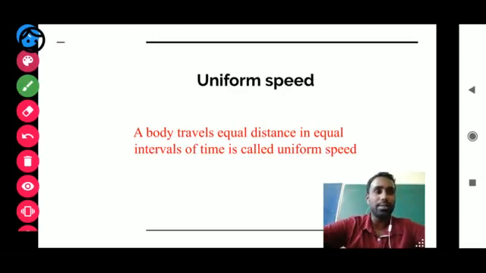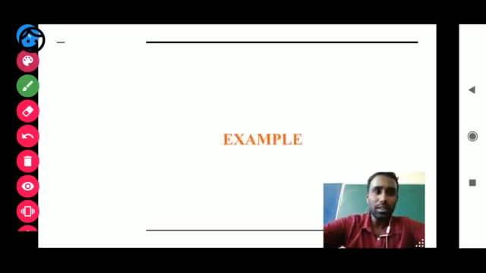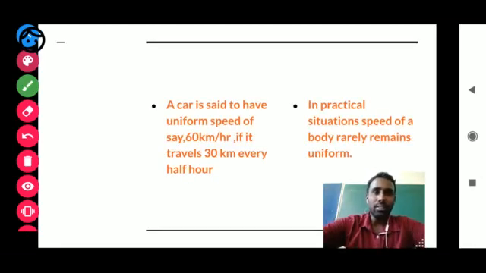Here I mention one example for uniform motion. A car is said to have uniform speed, say 60 km per hour. If you are going in a car at 60 km per hour, it travels 30 km every half hour, right? If you go 60 km in 1 hour, then in half an hour 30 km.